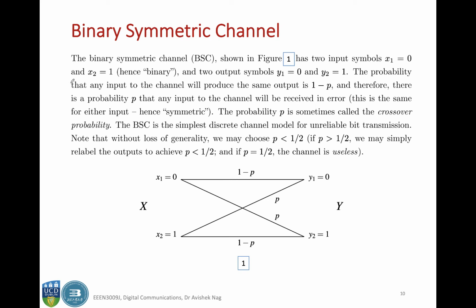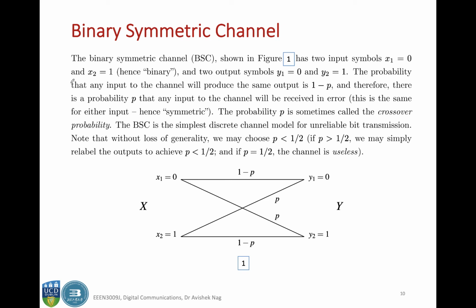So basically that's why it's called binary, because the input and the output take 2 values, and it's symmetric also because the inputs and the outputs are the same in number. So you have 2 inputs, 2 outputs.